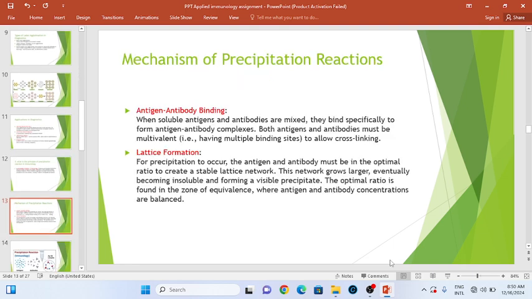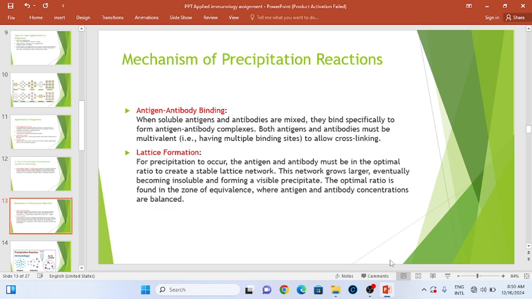Mechanism of the precipitation reaction. First is antigen-antibody binding, where soluble antigen and antibody are mixed. Then they bind specifically to form an antigen-antibody complex, and both antigen and antibody must be multivalent, having multiple binding sites to allow cross-linking. The second mechanism is lattice formation, where precipitation occurs.